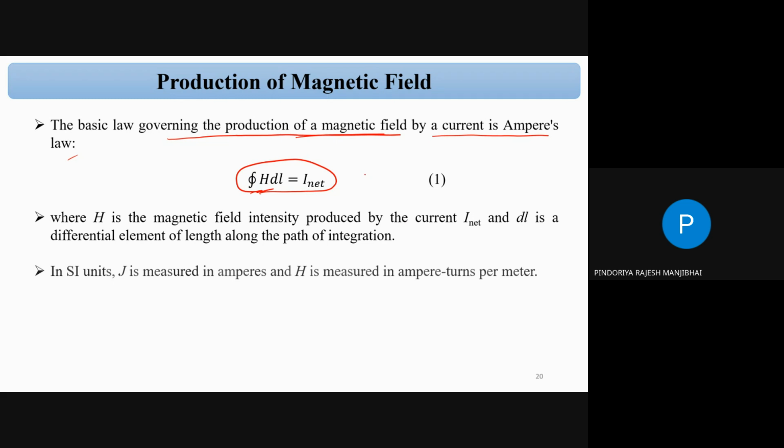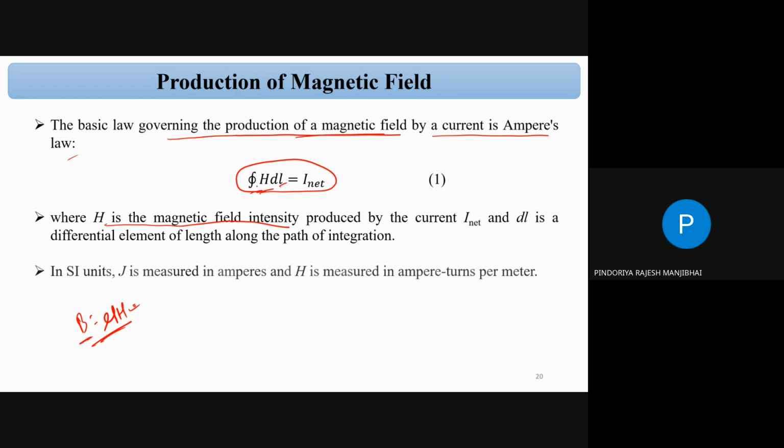What are H, I net and dl? H is the magnetic field intensity, which we already studied in the last class, correct? You remember the equation B equals mu H, correct? In the last class I already told you that H is nothing but the magnetic field intensity, and B is your flux density.